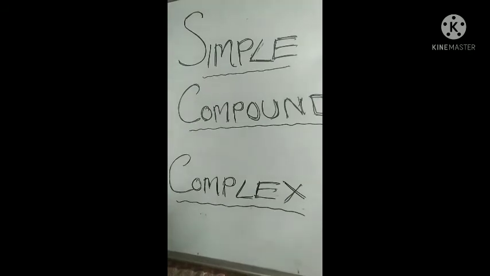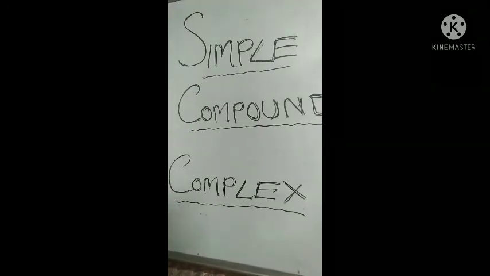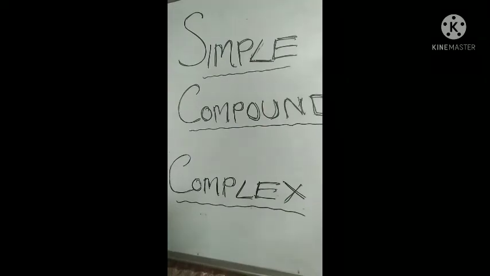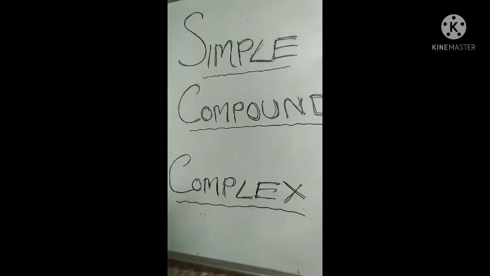How? See, the word "but" is there. I told you before that FANBOYS includes "but." "We have many duties and we have to perform them." Here "and" is also a part of FANBOYS, indicating that it is a compound sentence.